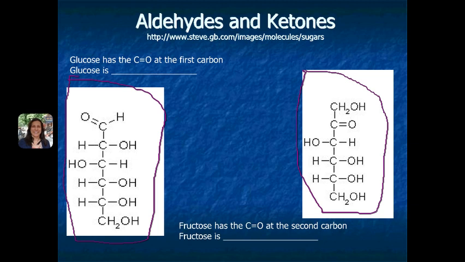So we were saying in the previous slide that if the carbonyl group is located on the first carbon atom, that makes the molecule an aldehyde, and if it is located on one of the internal carbon atoms, that molecule is a ketone. So we see from this that glucose is the aldehyde and fructose is the ketone.